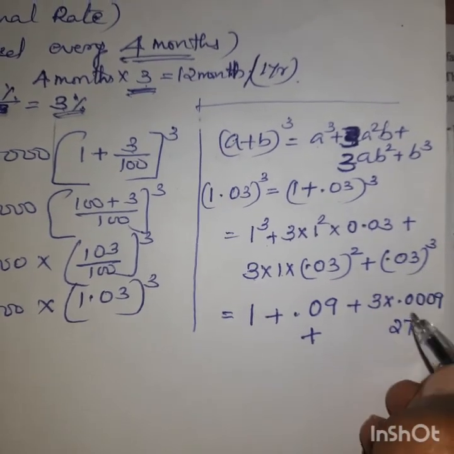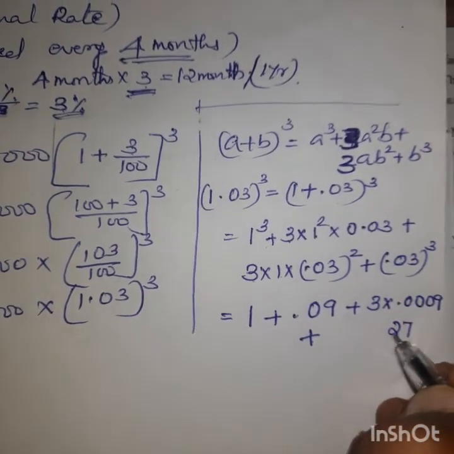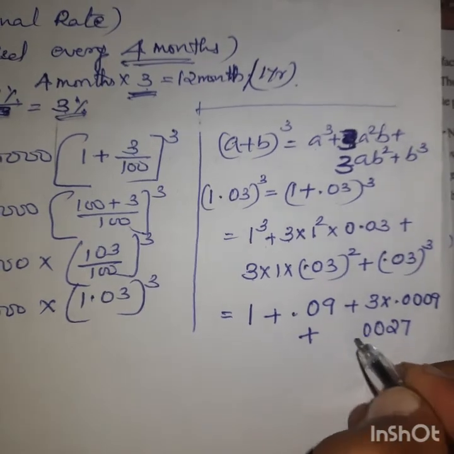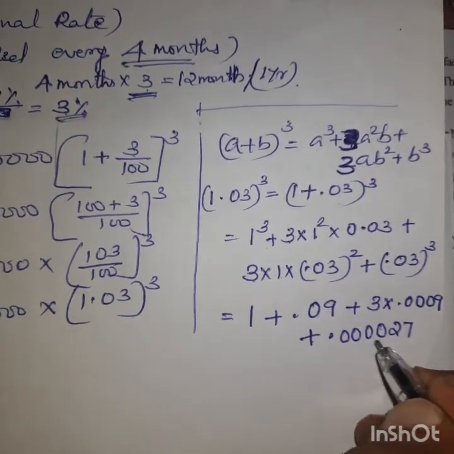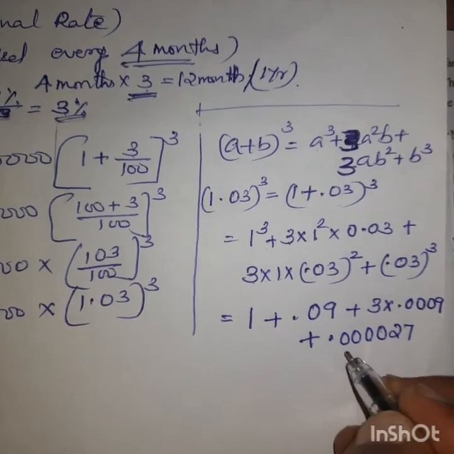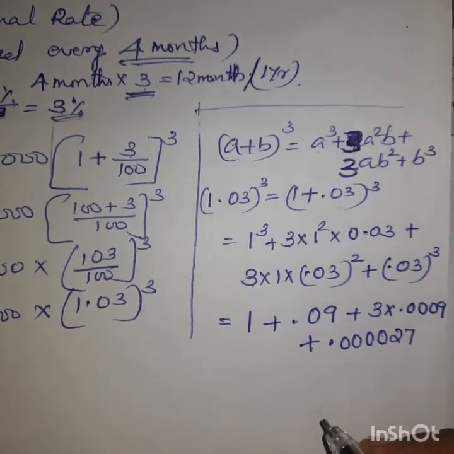So 3 cube is 27, with 6 decimal places: 0.000027.